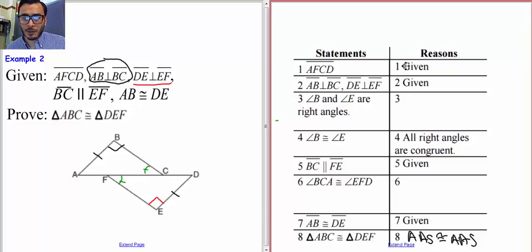So they filled in the givens first, and then they said angle B and angle E are right angles. Now, why are they right angles? Do you remember why they were right angles? Because of the perpendicular lines. So we can just write definition of perpendicular lines.